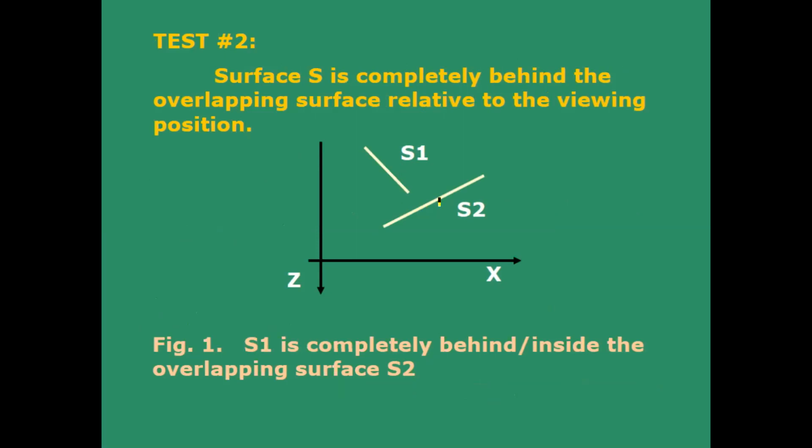Here you have two surfaces, S1 and S2, and you can see that surface S1 is completely behind surface S2. There are some calculations for checking whether surface S1 is behind or in front of the other surface. We'll see those calculations later.